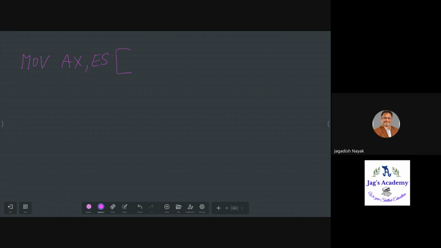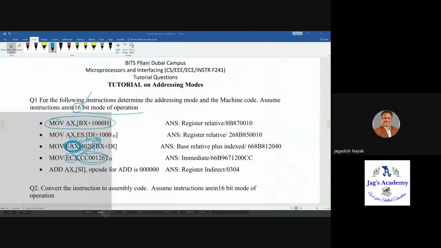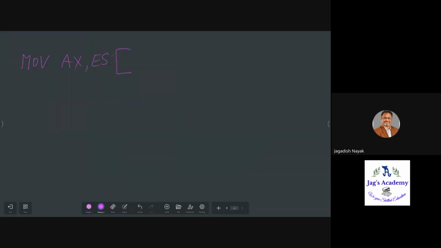MOV AX, DI plus 1000H, right? So what you have here is DI plus 1000H. Initially, assume the override is not there; you just fix it as a prefix. Now, can you convert this into machine code?